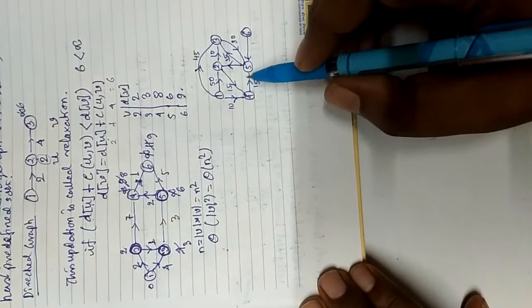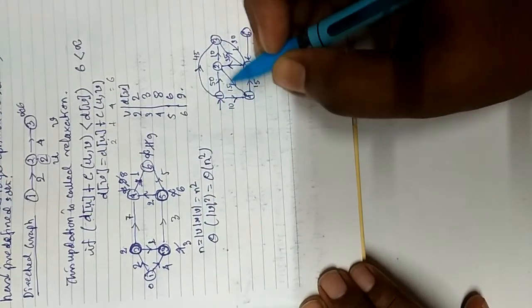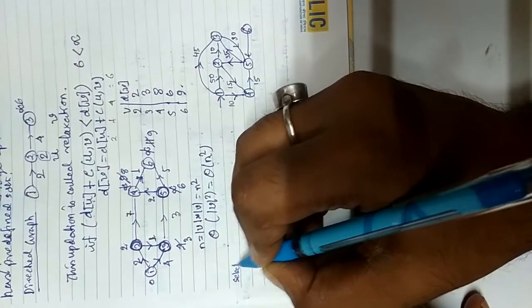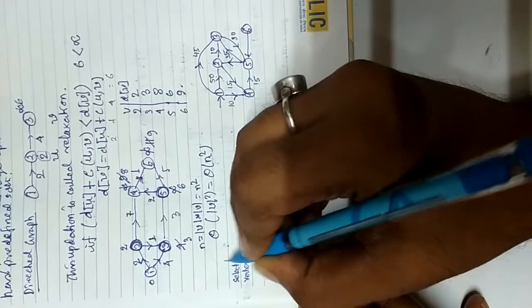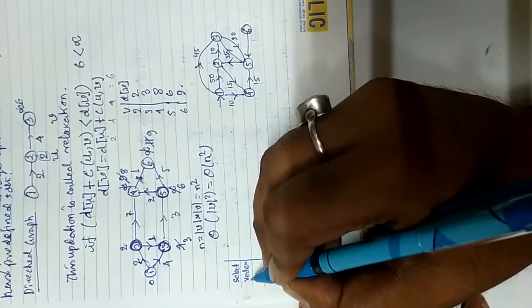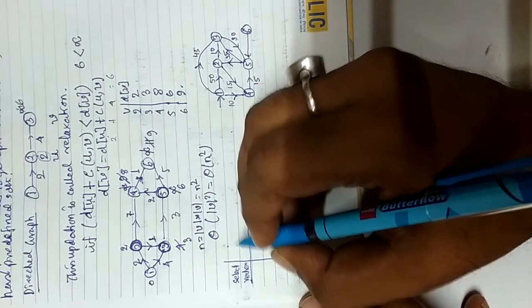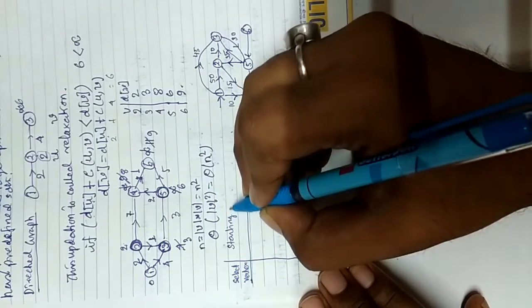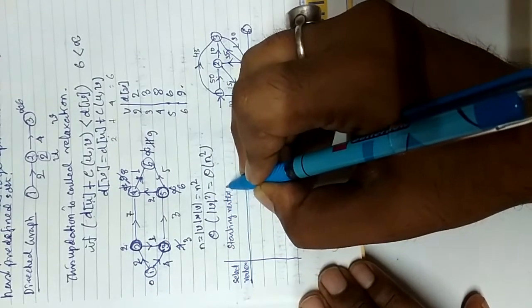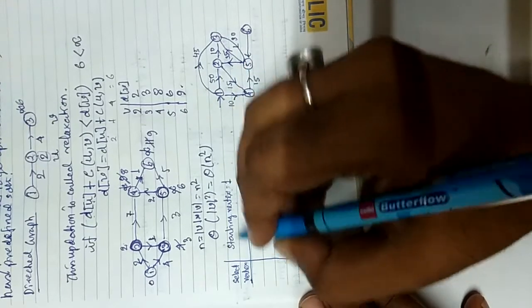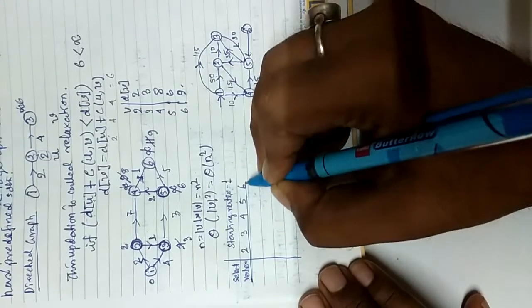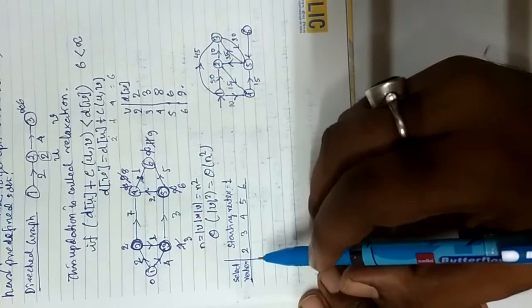Okay, so let us try to solve this problem. Let us say that we start from node 1. So the starting vertex is 1.